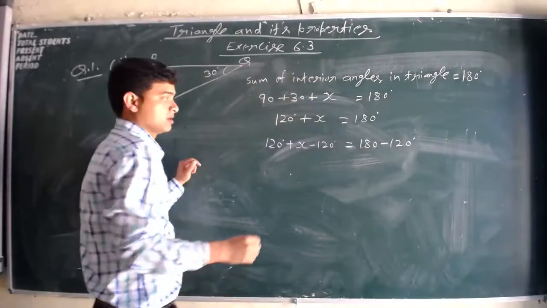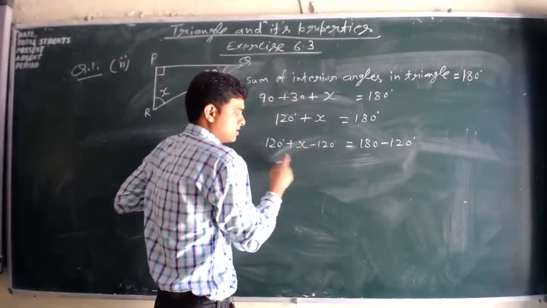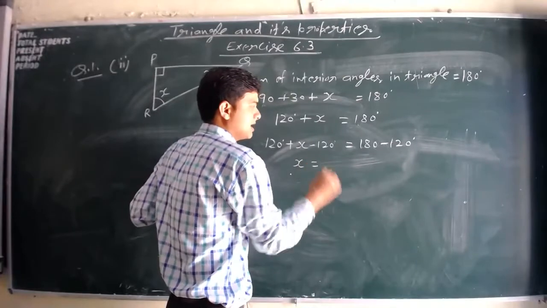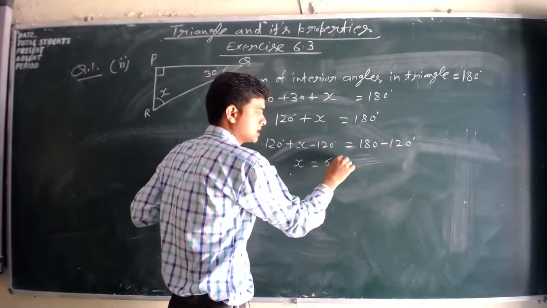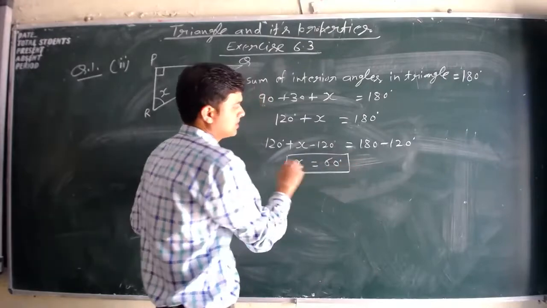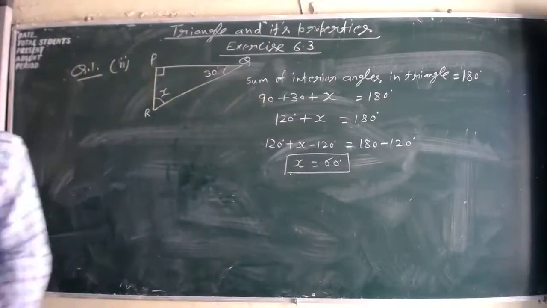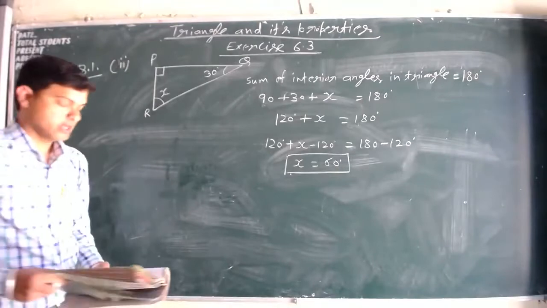Clear? 120 minus 120 is equal to 0, only x. 180 minus 120 is equal to 60. Okay, this is the measurement of angle x.